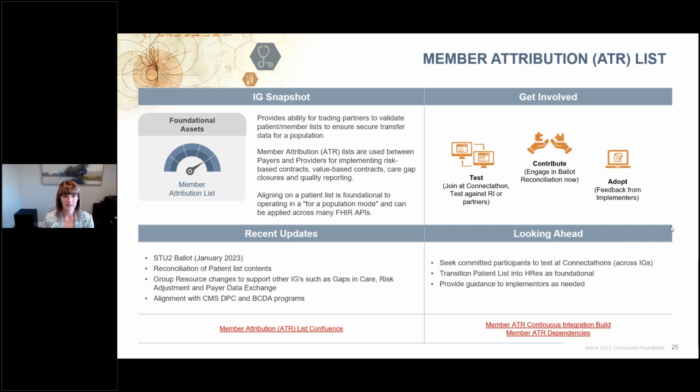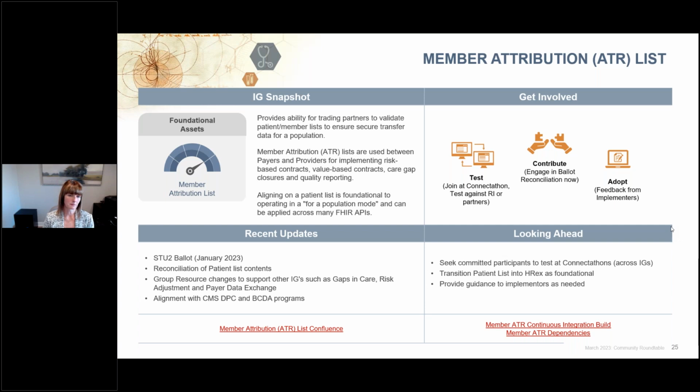In addition, the guide now supports alignment with the CMS data at the point of care pilot program, giving providers access to Medicare claims data for their Medicare patients, and the CMS beneficiary claims data API, which serves ACOs participating in the Medicare Shared Savings Program and other eligible CMS alternative payment models.